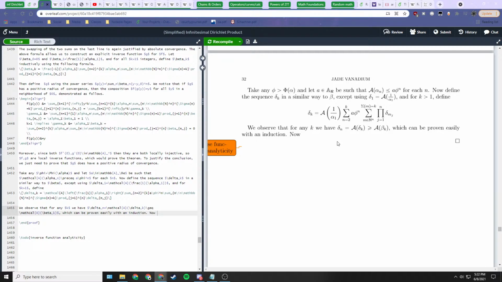Actually, let's do it this other way. If we have our function f, we can actually just calculate the inverse function. f of x is a summation n equals 1 to infinity of a phi to the n. Actually, this is a little different, isn't it?